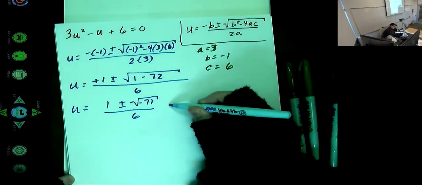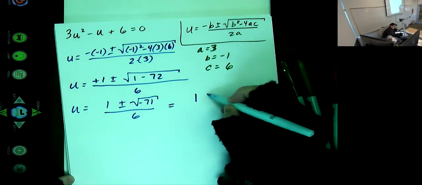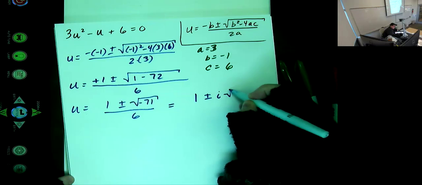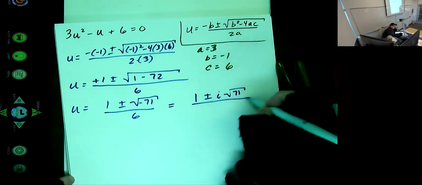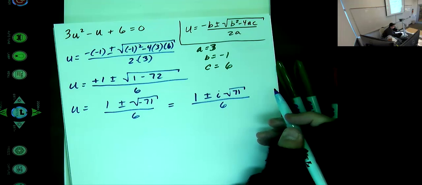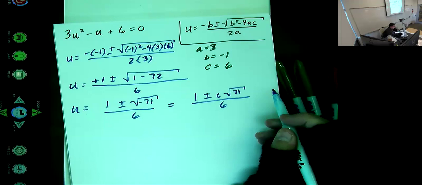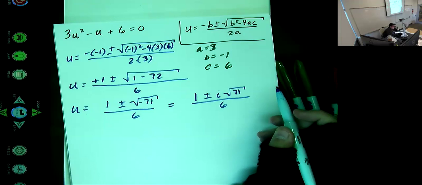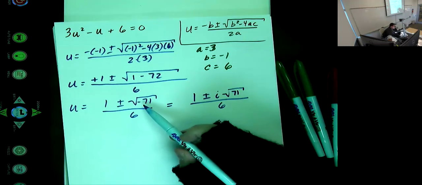So the only thing we can really do with that is pull out an i and make that positive 71. You have to. It's not correct if you don't, it's not complete. It's because it's a negative inside the square root.